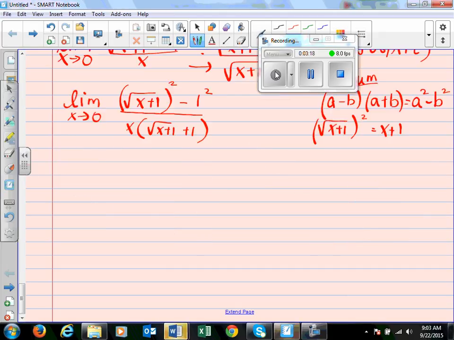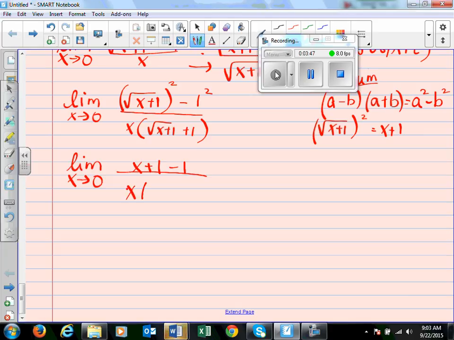So now it becomes limit x approaching 0. I'm rewriting it. The square root of x plus 1 squared is just x plus 1 minus 1. Now divide by x.